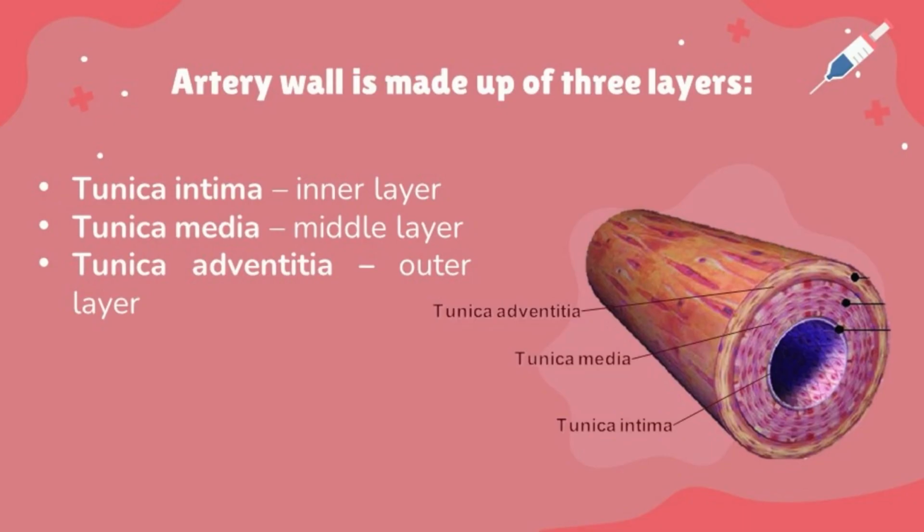Thank you, Miss Jacobe. So let's talk about the artery wall. Artery wall is made up of three layers. The first one is tunica intima, the second one is tunica media, and the third one is the tunica adventitia.